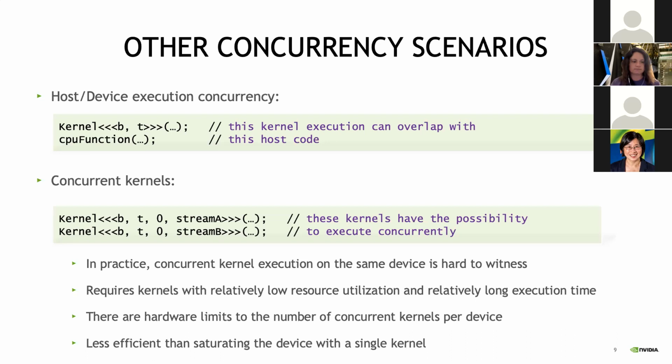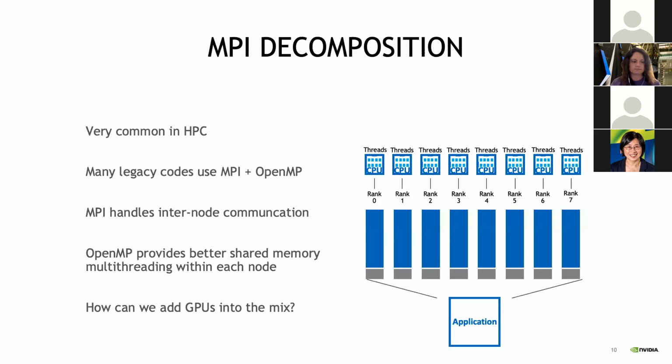Now, all of that said, that's just kind of a review from homework from Lab 7. How does this fit into the greater picture of multi-threading and, in our case, HPC applications? Well, HPC applications, at least those running on systems like Summit or Cori or Perlmutter, typically use MPI to decompose their applications across nodes.